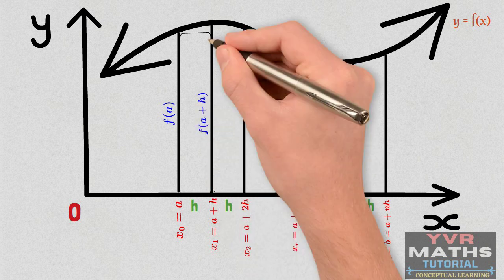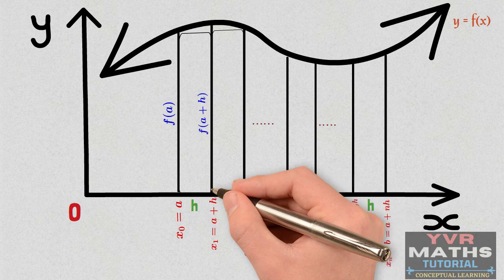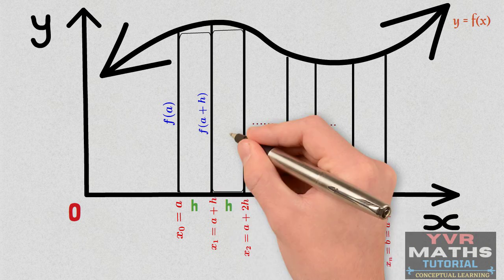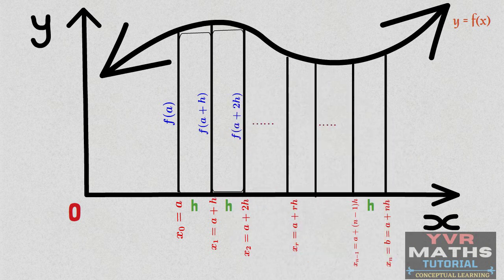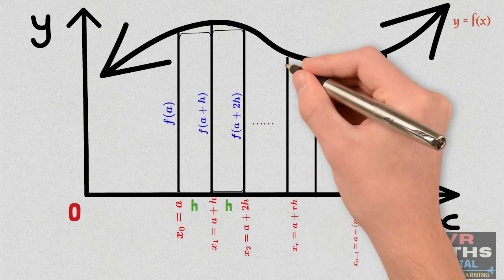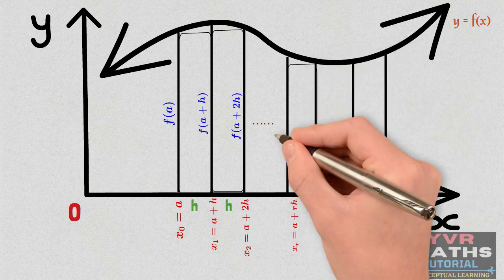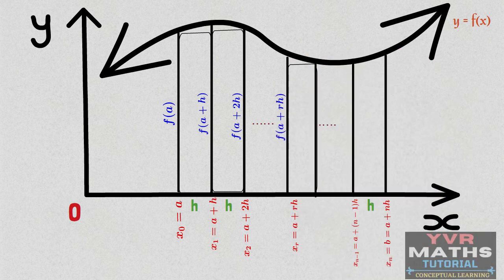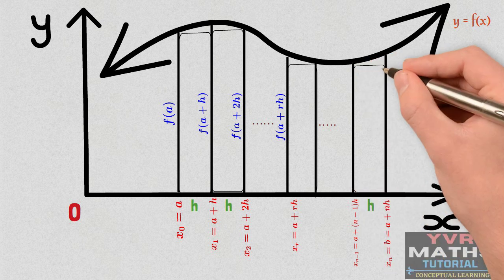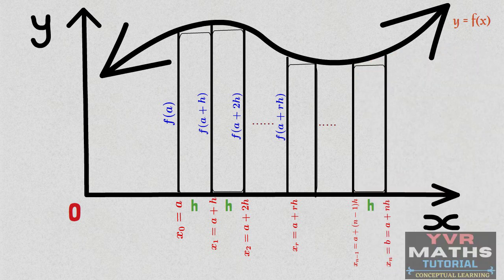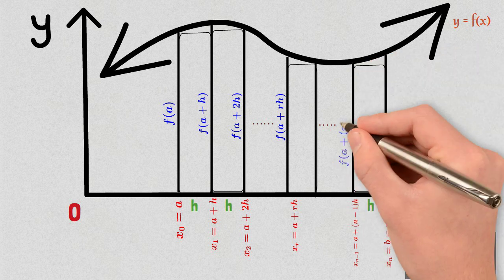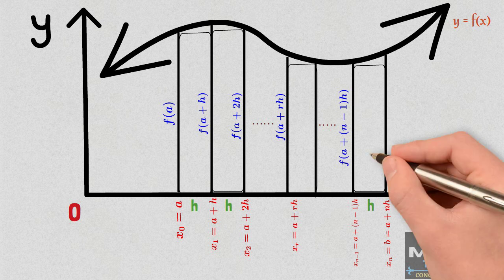Similarly, the height of this rectangle is f of a plus h or f of a plus 2h. Similarly, the height of this rectangle is f of a plus rh. In the similar way, the height of this rectangle is f of a plus n minus 1 into h or f of a plus nh.